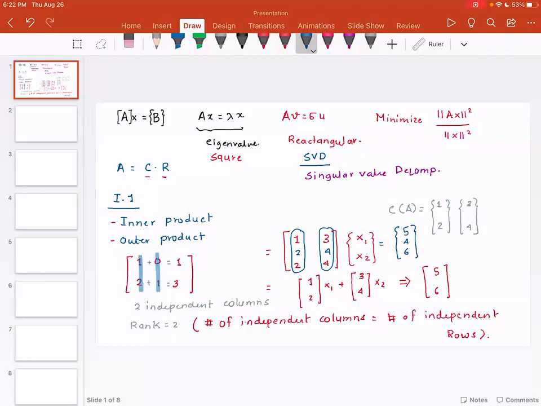Now it is very difficult to find values of x1 and x2 so that the first equation is satisfied, the second equation is satisfied, and the third equation is satisfied. You agree with me? Does it make sense?